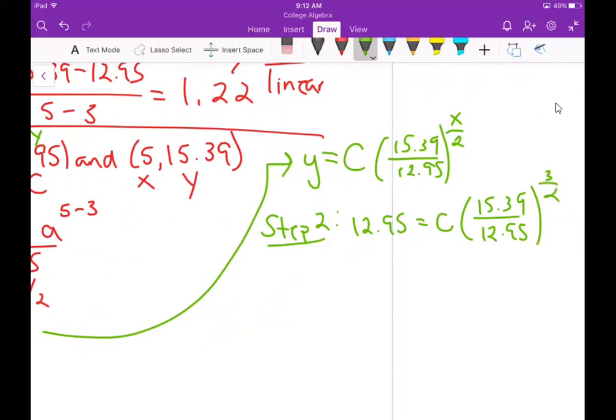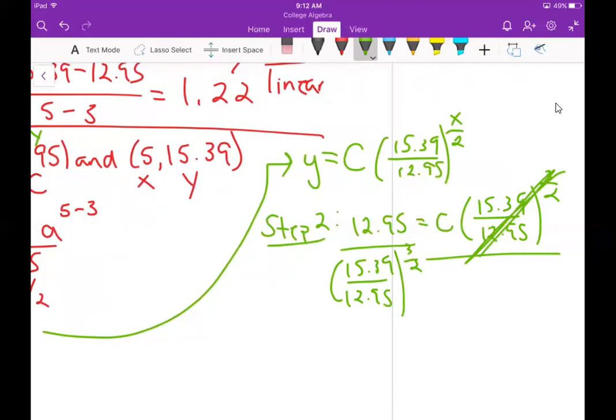And you guys are just going to start to get real comfortable with your calculators here, right? So divide both sides by this entire term. So we're going to divide both sides by 15.39 over 12.95 to the 3/2 power. Okay, that's going to cancel that on this side, and I'm going to get an answer over here. Now this is an answer I can round because it's my c value.